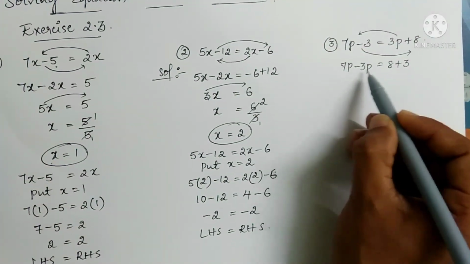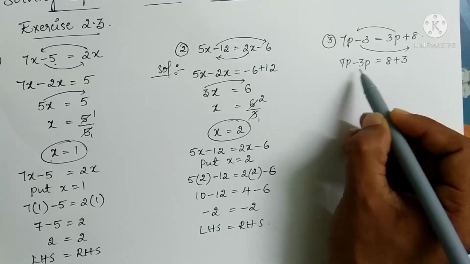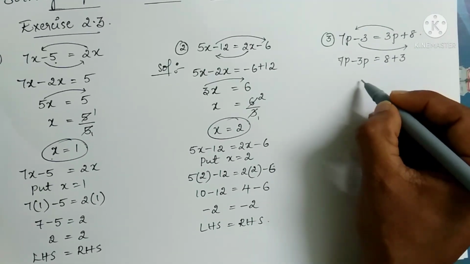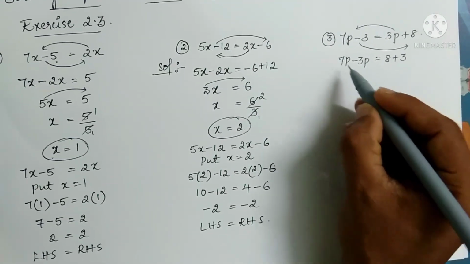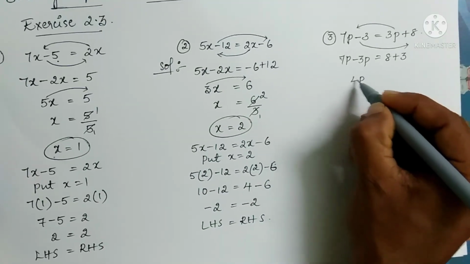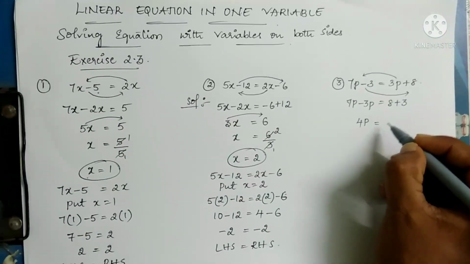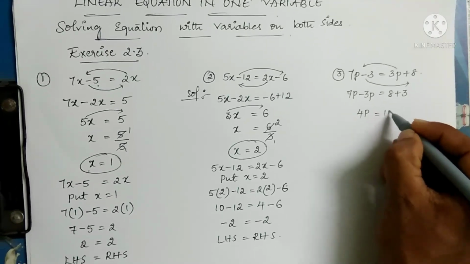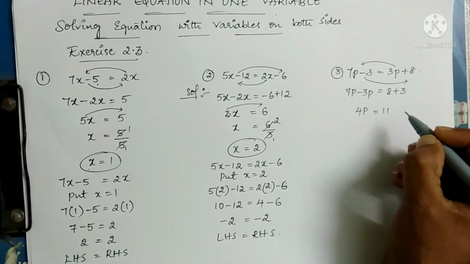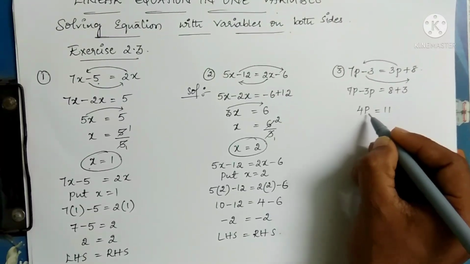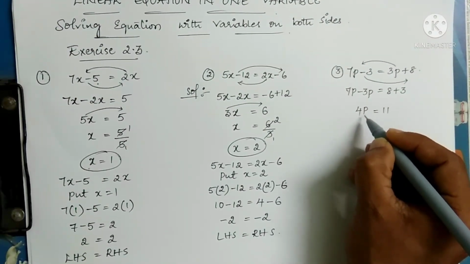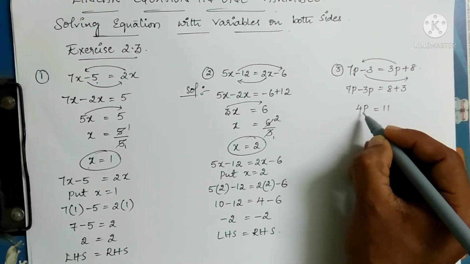7p minus 3p. You can see the variables are the same, p and p. So write the variable as it is, p, and 7 minus 3 is 4, which is equal to 8 plus 3 is 11. Now you can see 4 into p. 4 is multiplied with p, that is nothing but a multiplication.